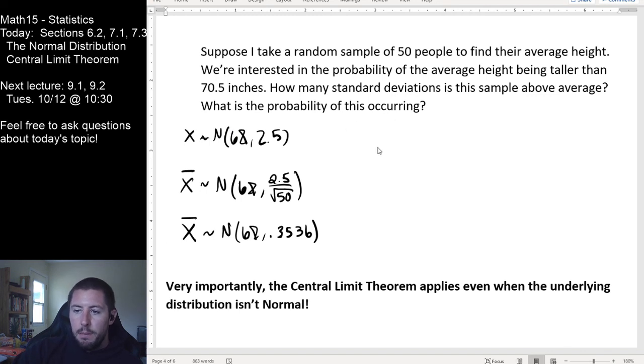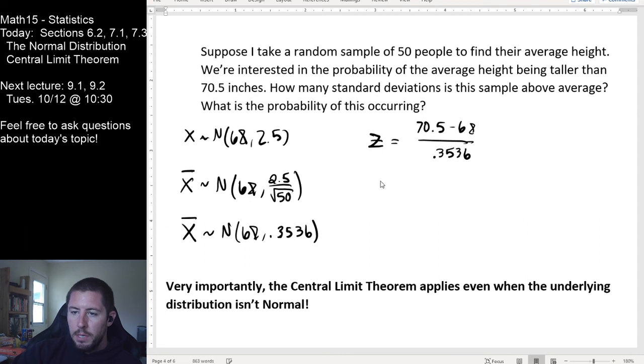So there's a smaller standard deviation according to their group average than there is for individuals from the population. So this is going to allow us to compute a z-score here, and I'm expecting a pretty big z-score. I'm expecting 70.5 inches to now be very far from average when we're talking about groups. So we're still interested in the 70.5 minus the 68, but now we're dividing by this 0.3536.